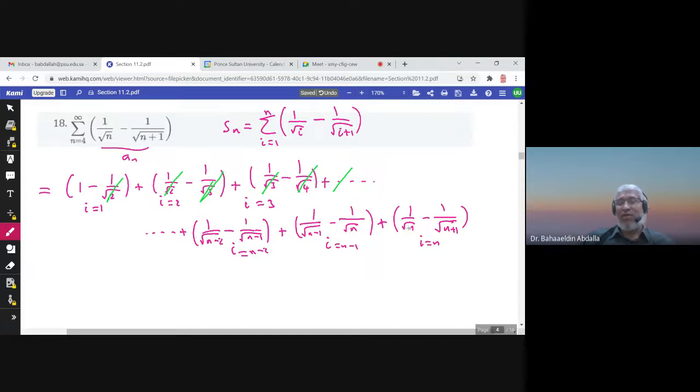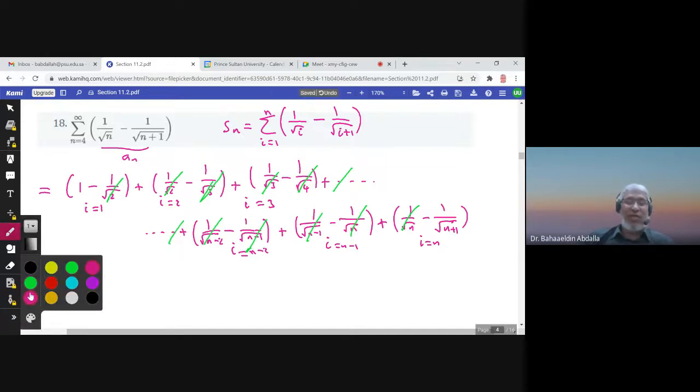This one, if you go from the right, let me call this the first from the right. This is the second. So the second one is cancelled with the first one here. So this second one will be cancelled with the first one here. And this second one will be cancelled with the first one here.